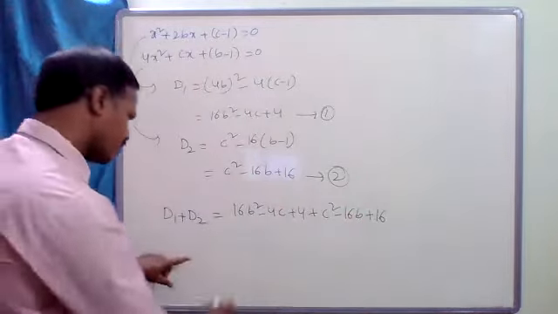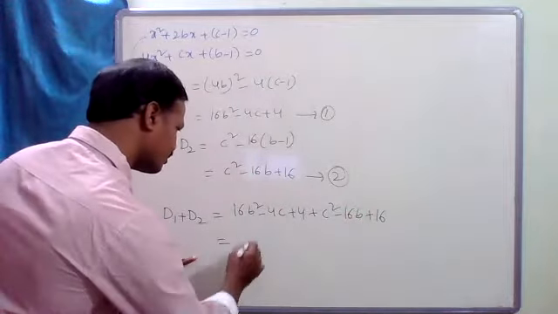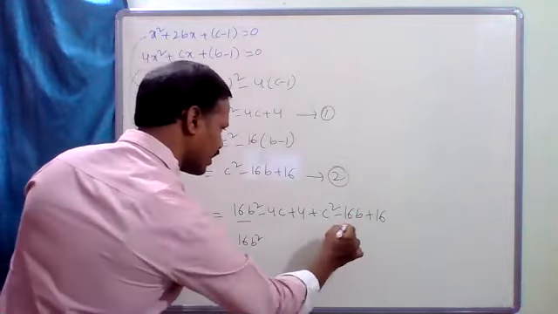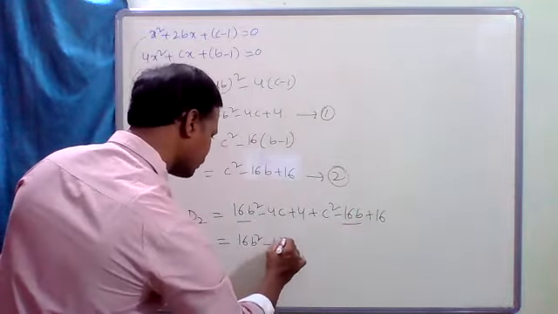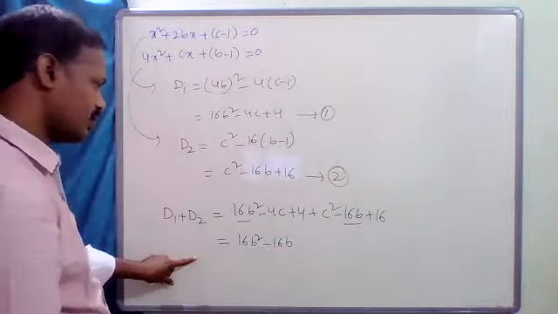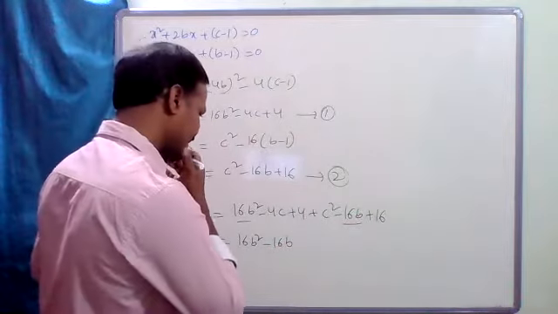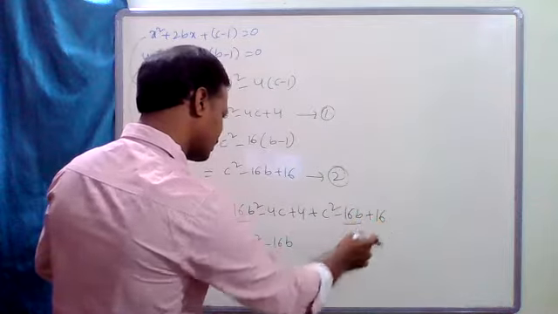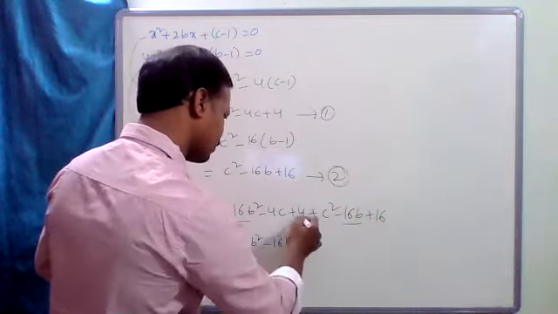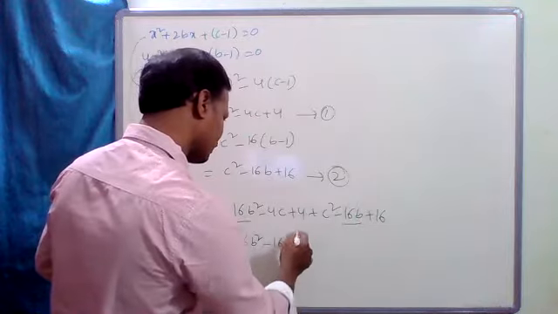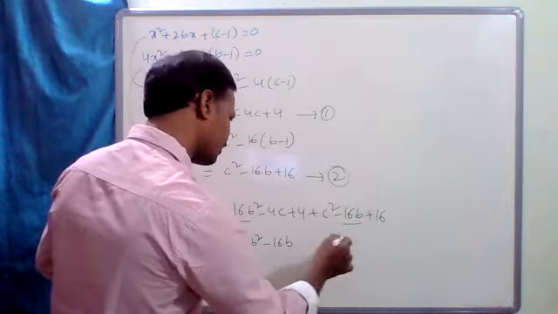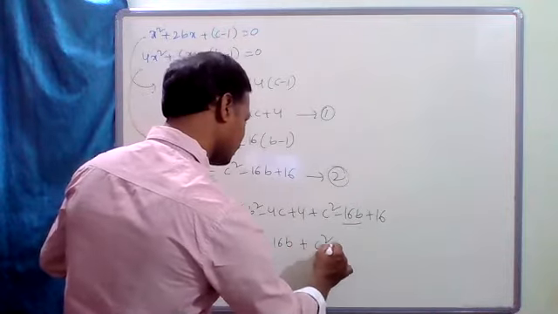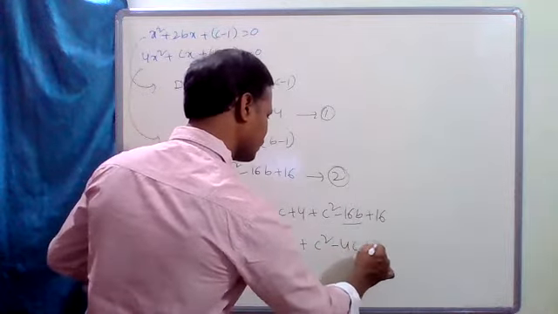And now from this, 16b square minus 16b. Whatever this is, 16 plus 4 is 20. So I will write the constant at last, next plus c square minus 4c plus 20.